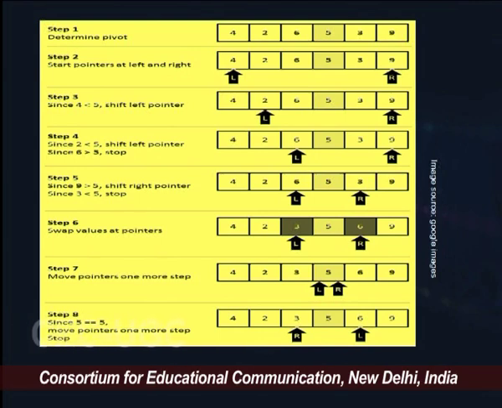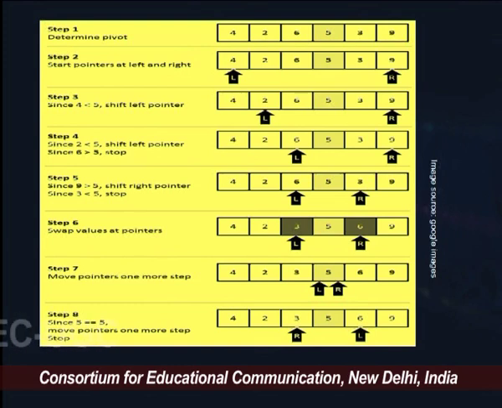Now please understand that value 6 is not in the correct partition. The left partition must have all the values which are less than your pivot, which is 5 presently, and we will stop our left pointer here. Then we focus on the right pointer, start moving it towards the left. The first value after 9 is 3.